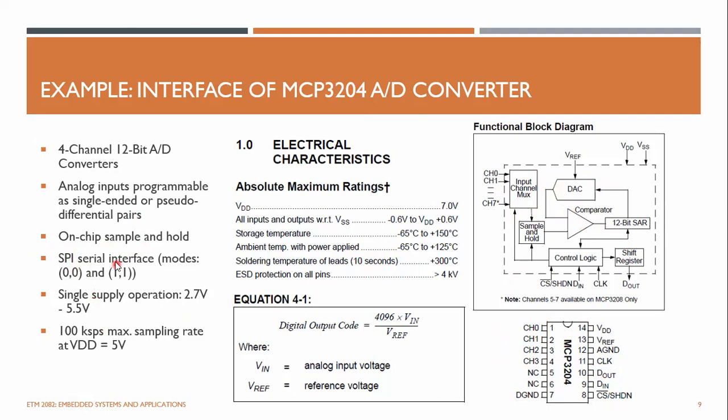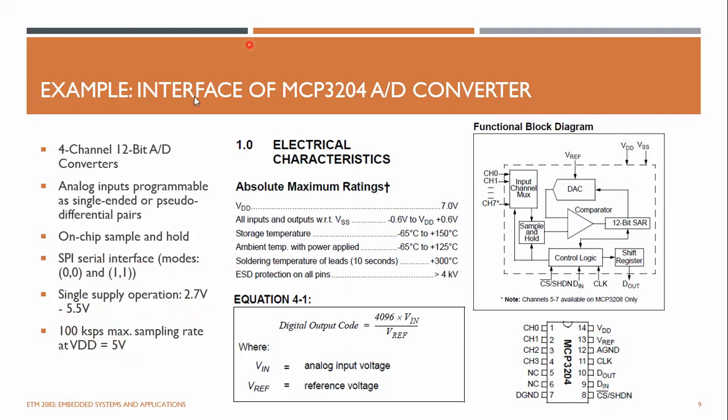SPI is the communication method if you want to get your ADC readings back to your microcontroller, and it supports mode 00 and 11. You can operate this chip from a battery or any DC supply from 2.7 to 5.5 volts. 5.5 is the maximum voltage that you can apply to the VDD of this device. And the sampling rate is 100 kilosamples per second when your supply voltage is at 5 volts.